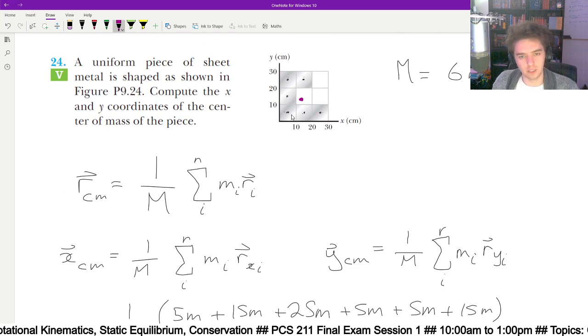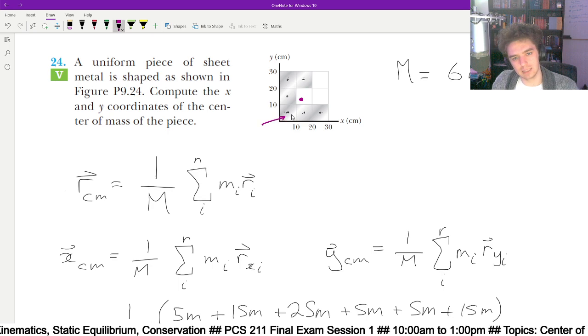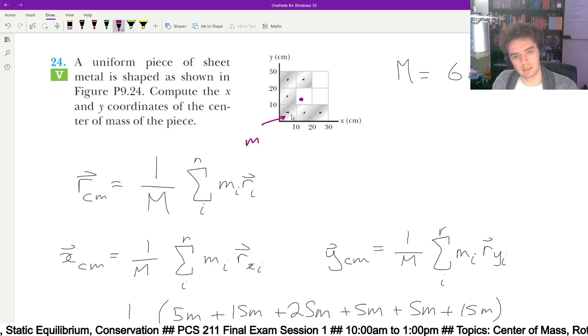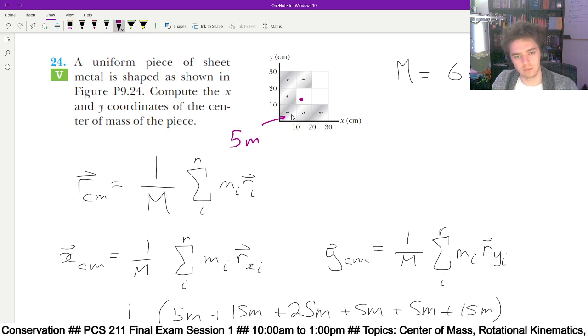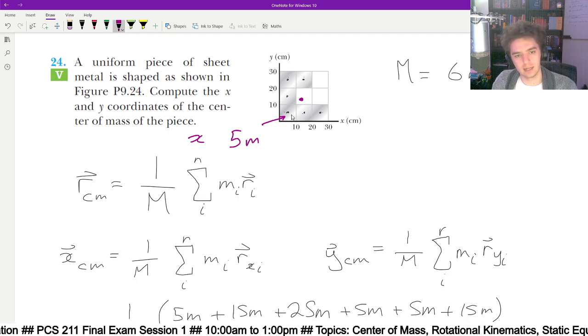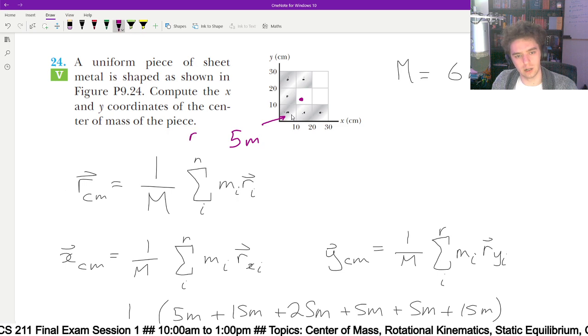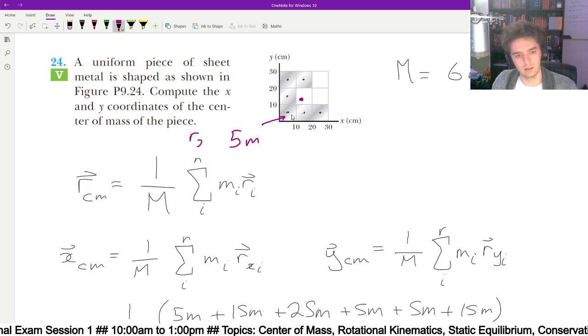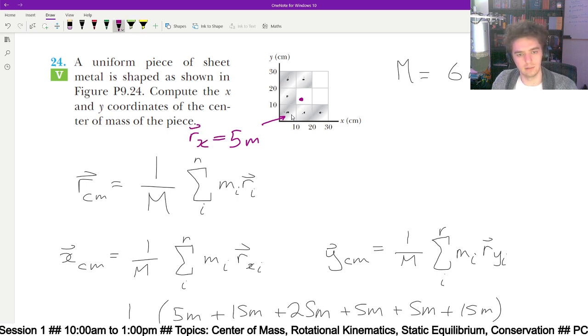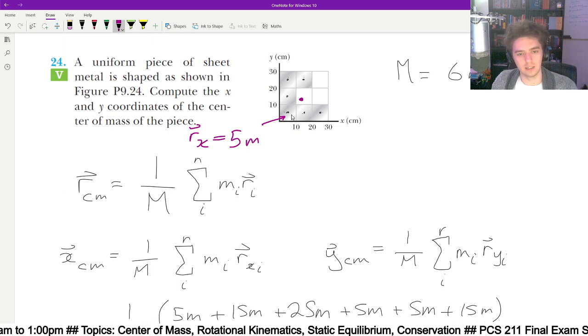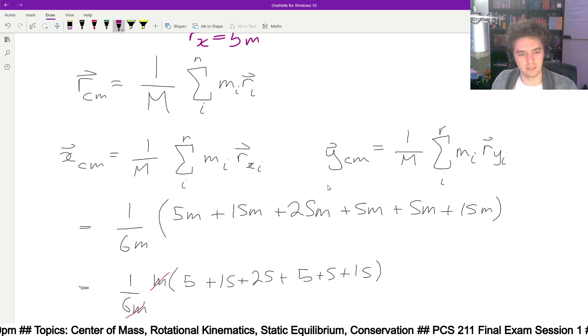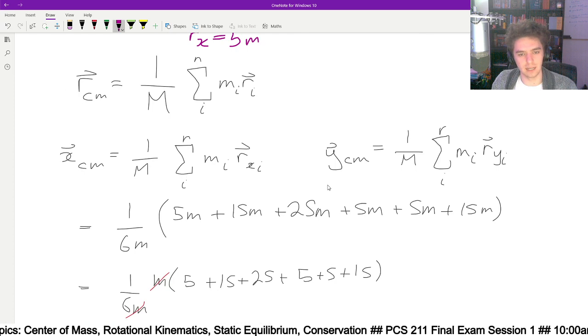So for this block here, the mass is m, and I multiplied that by its, well, if we're doing just x position first, its x position is 5, so r_x of 5. What you put inside of this summation is the mass times its position.